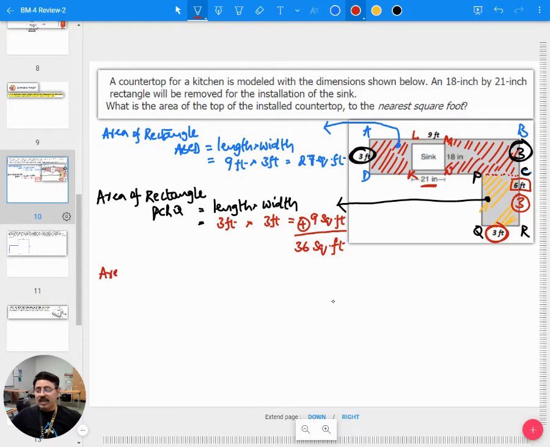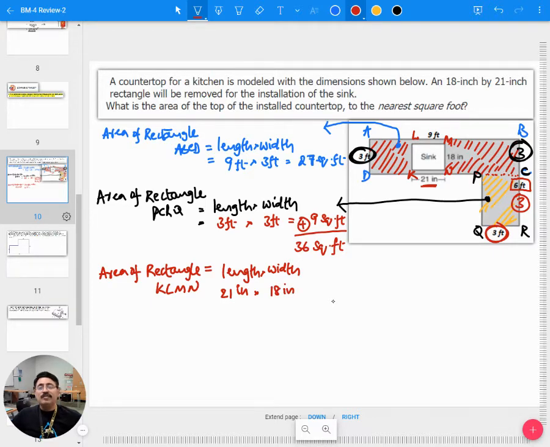So the area of rectangle KLMN is again length times width, which is 21 inches times 18 inches.